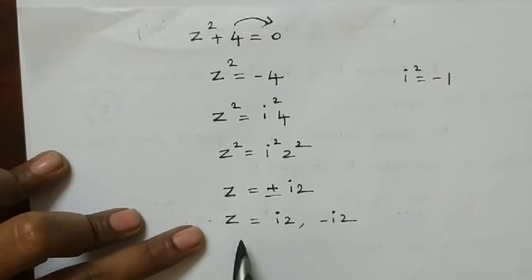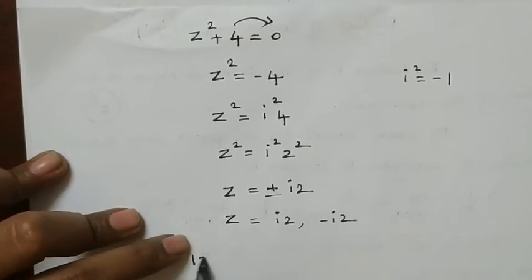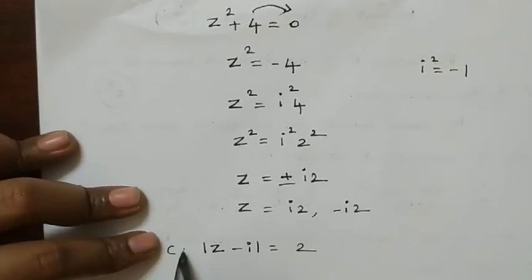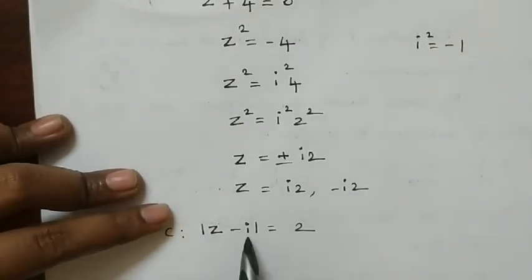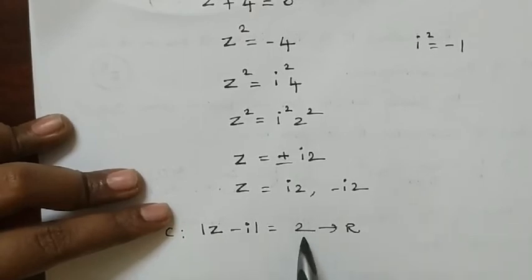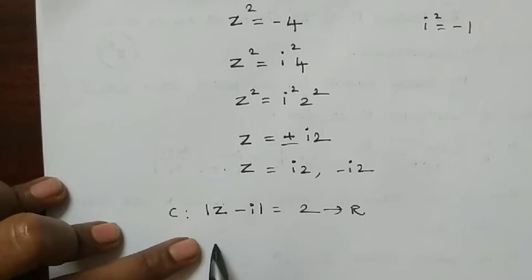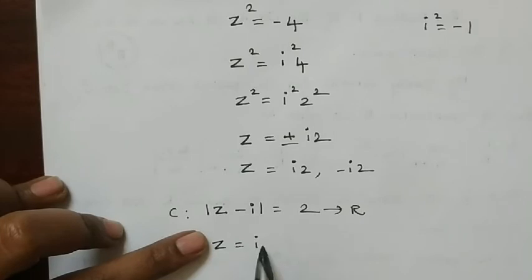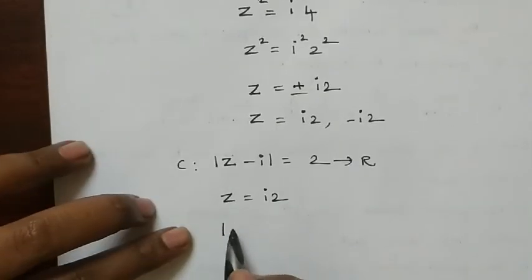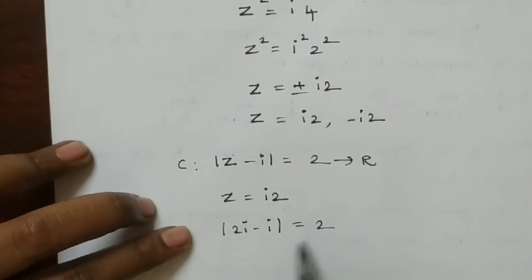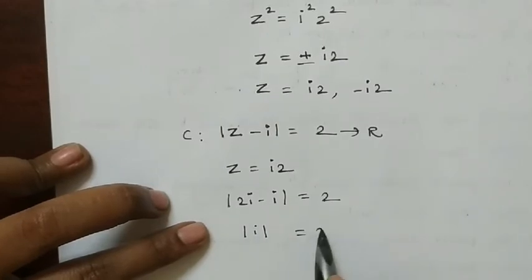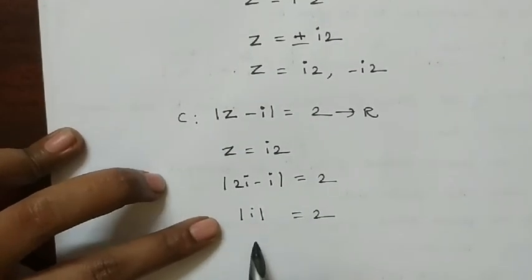Now we substitute the z value in the given circle C, modulus of z minus i equal to 2. Here the value of the radius is 2. On substituting z equal to 2i, we get modulus of 2i minus i, which becomes modulus of i. The modulus of i value is 1.